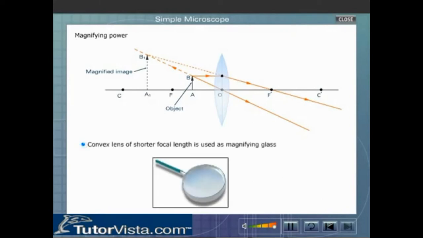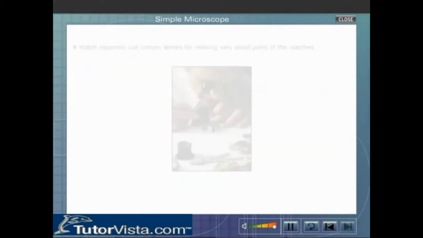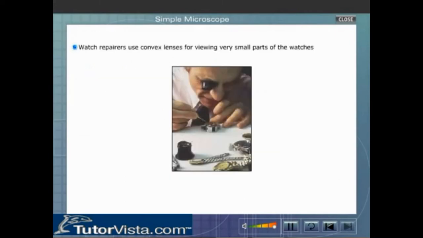Therefore, a convex lens of shorter focal length is used as a magnifying glass, that is, the shorter the focal length, the larger the magnifying power. However, the maximum magnifying power a convex lens can have is about 5. Watch repairers use convex lenses for viewing very small parts of watches. Click on the link provided to view the derivation.